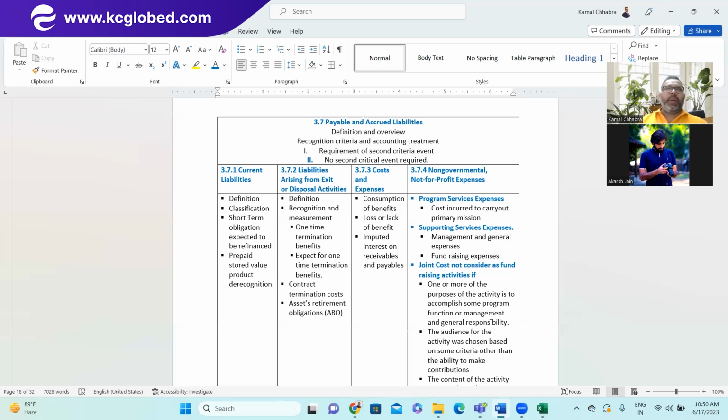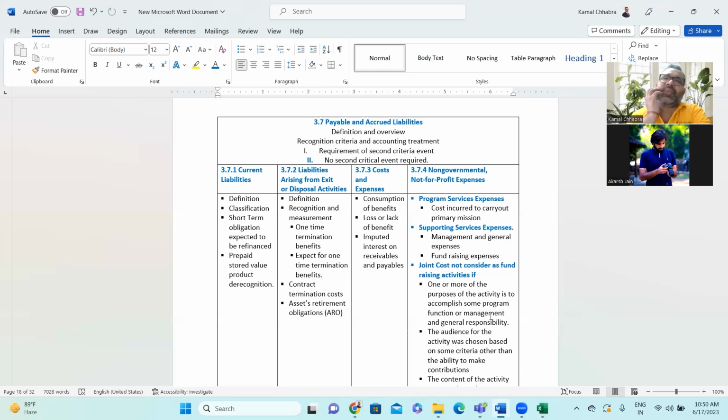So one is your primary expenses, that is toward the specific mission which you are carrying out for the respective not-for-profit organization. Second is supporting expenses to run and maintain, manage, and raise funds for the respective not-for-profit organization.